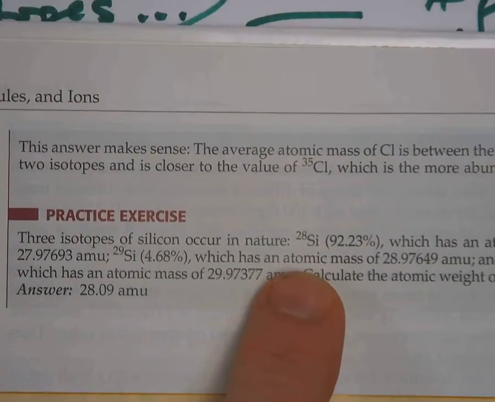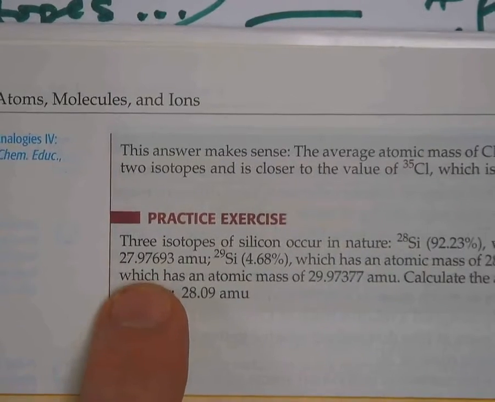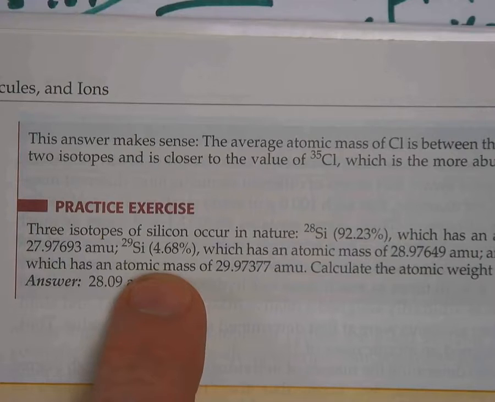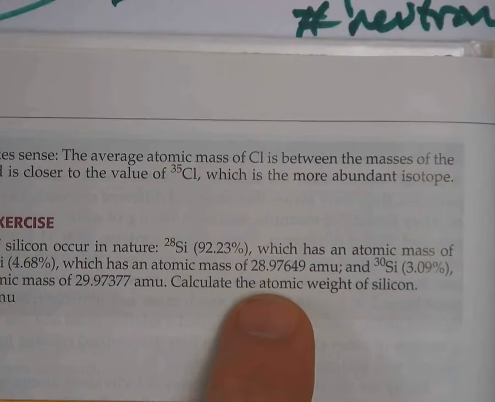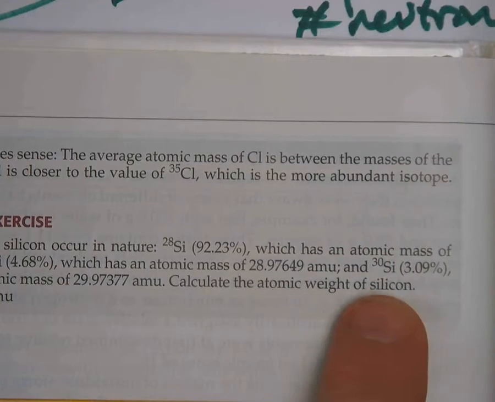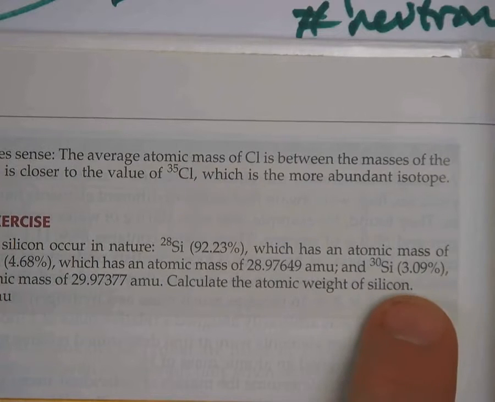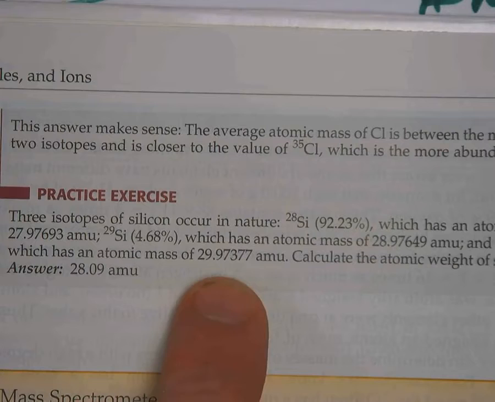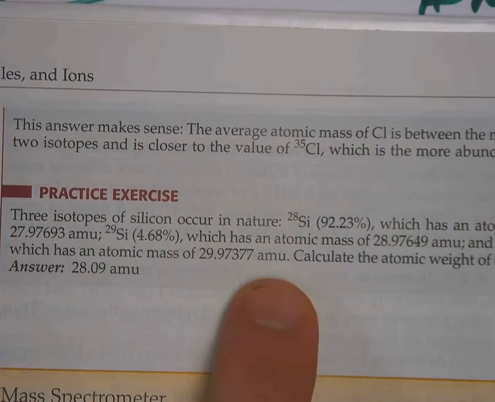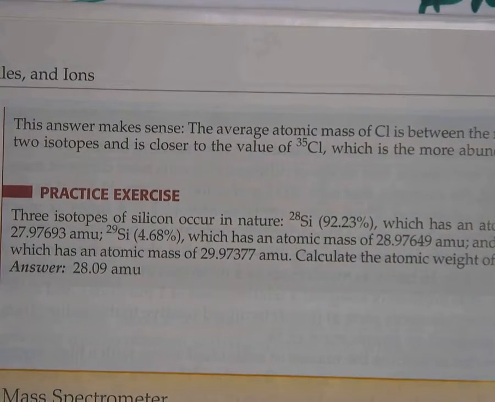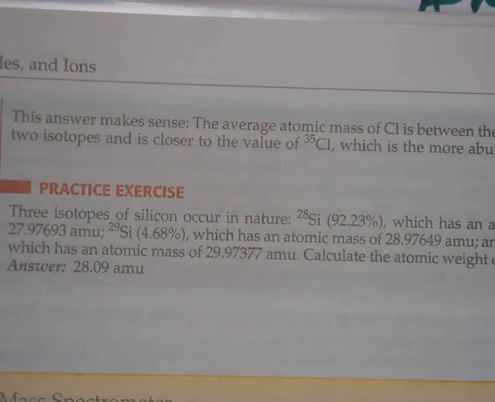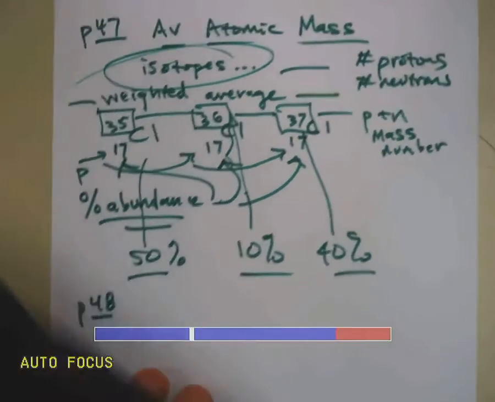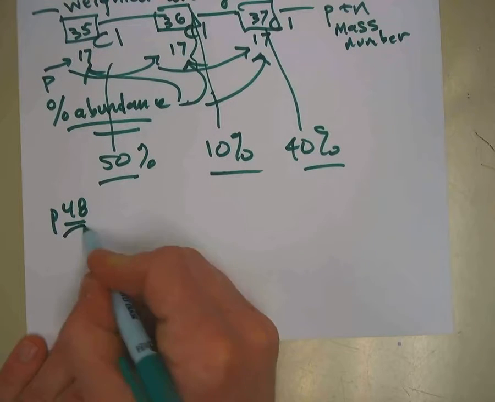Silicon-28, which has an atomic mass of 27.9 something, silicon-29, which occurs 4.68%, and has an atomic mass of 28 something, and then silicon-30, which has 3.09% occurs naturally, has an atomic mass of 29.973, and these are all measured in atomic mass units, or AMU, to calculate the average atomic weight of silicon. I'm just going to quick toss the math up there, and then if you want to take more look at it in your textbook, you're more than welcome to on page 48.